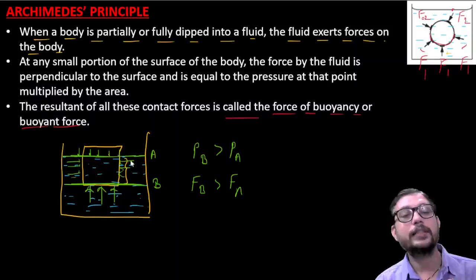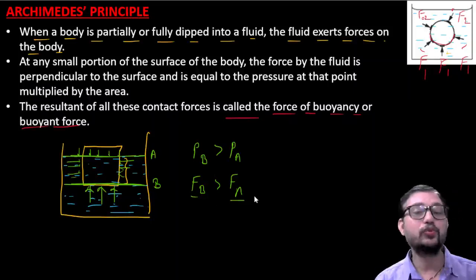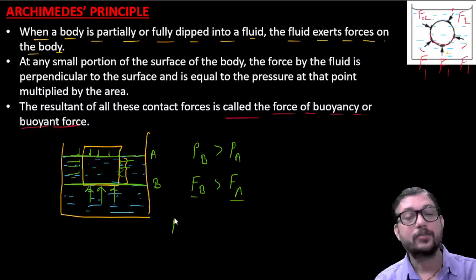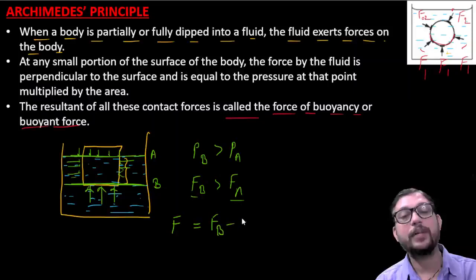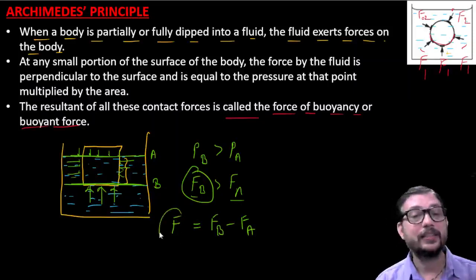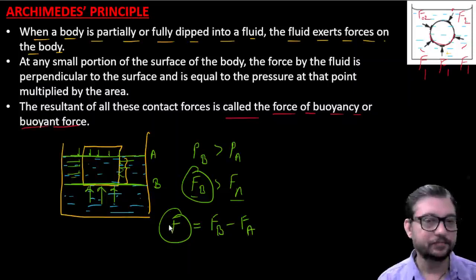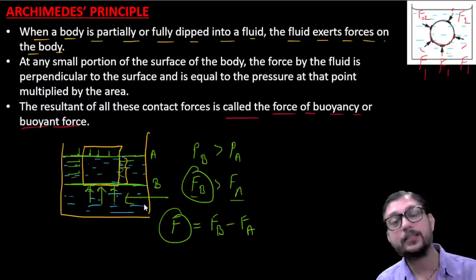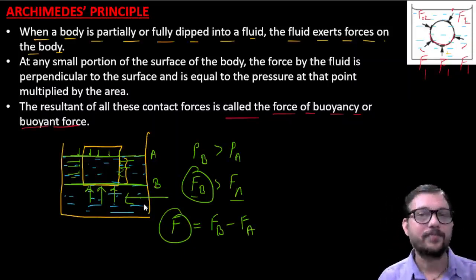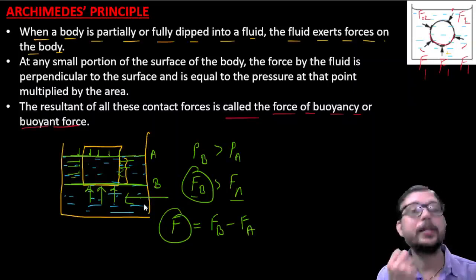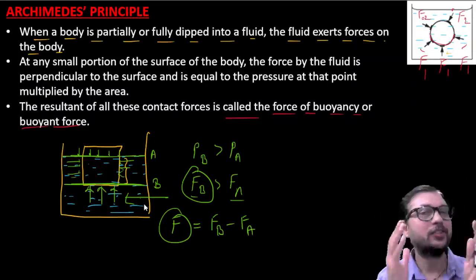These forces will be smaller for surface A. So due to the imbalanced force, we have a resultant force, which is given by FB minus FA, and because FB is greater here, the resultant force will be in the direction of FB, which is upward. It means the fluid tries to push the body upward, and that force is nothing but your buoyant force.